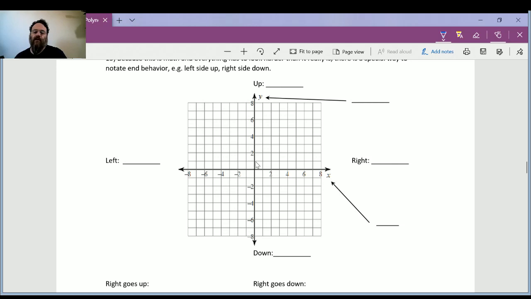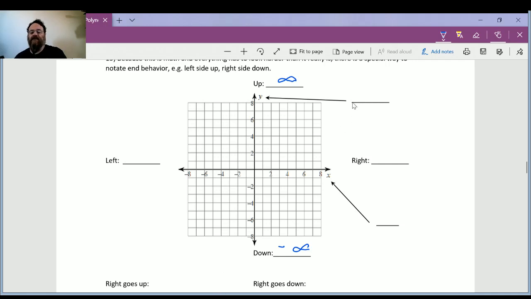If we were to go up forever and ever, not 2, 4, 6, 8, all the way up to infinity. Down, since we're going down, that's the negative direction. If you go down forever and ever, it's negative infinity.